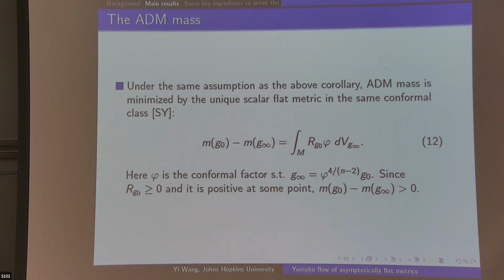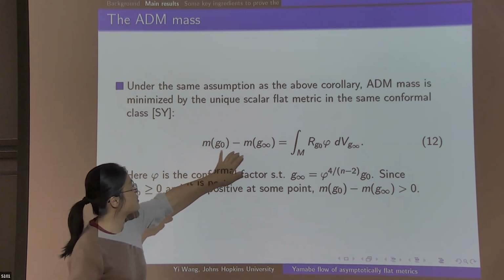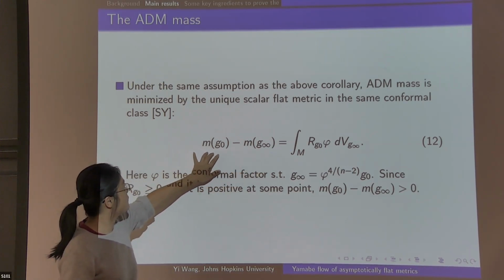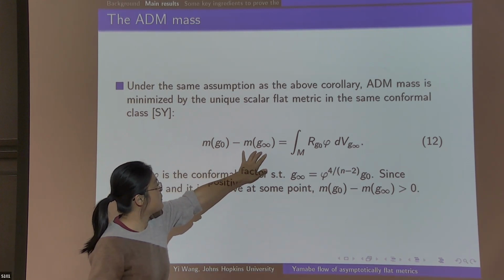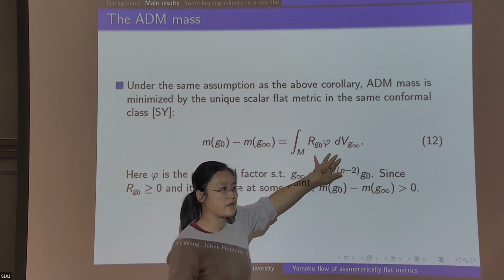Okay, so I would like to point out that there is another description about m of g0 and m of g infinity. This was used in Schoen and Yau's proof of the positive mass theorem. So they also give an expression of the difference of these two. They didn't use flow, and their description is different. So they say m of g0 and m of g infinity, this is always bigger than that, and the difference is given by this quantity.